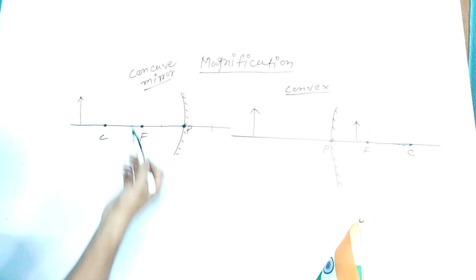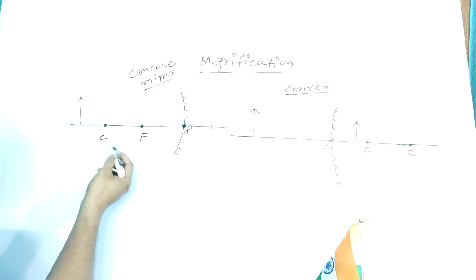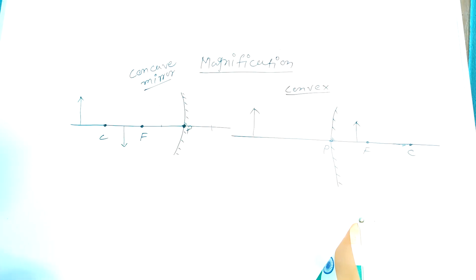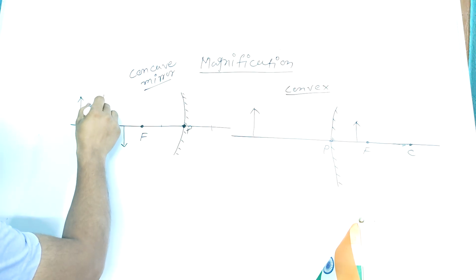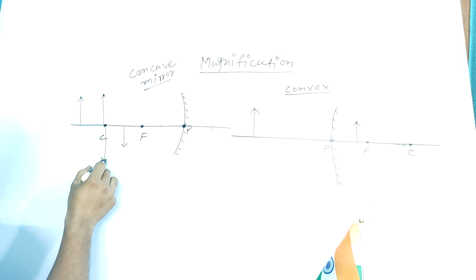If the object's position is beyond C, then the image position is between C and F, and it is a small sized image. If we place the object at C, then the image is also forming at C, and it is the same size image. The height of the object and the height of the image are the same.